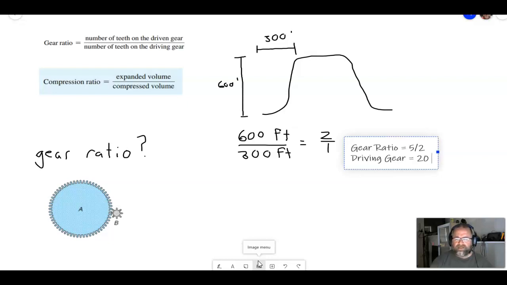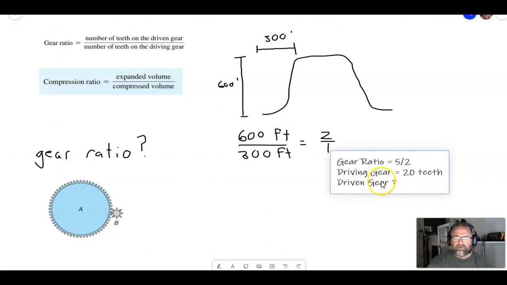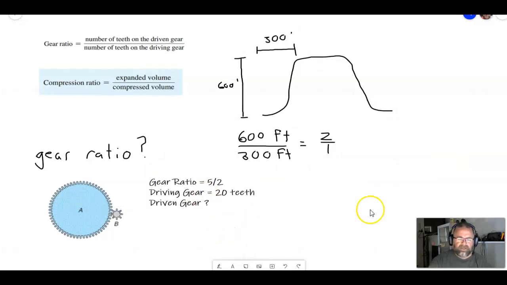Has 20 teeth. How many teeth does our driven gear have? All right, so try this one here, and we'll see if we can figure out how many teeth this driven gear has. If the driving gear has 20 teeth, and we know the gear ratio is 5 over 2, that means 5 driven teeth for every 2 driving teeth.